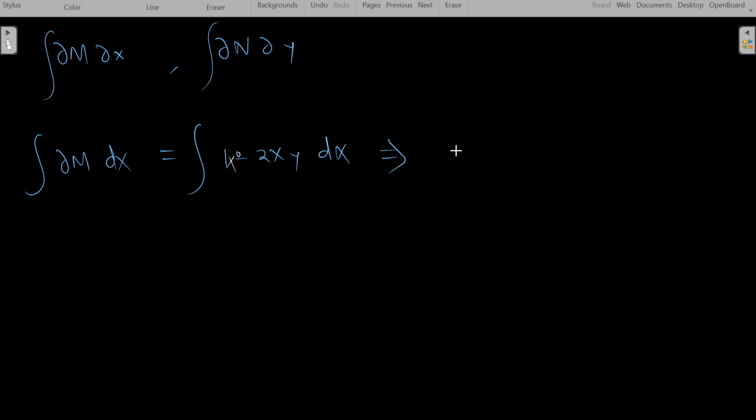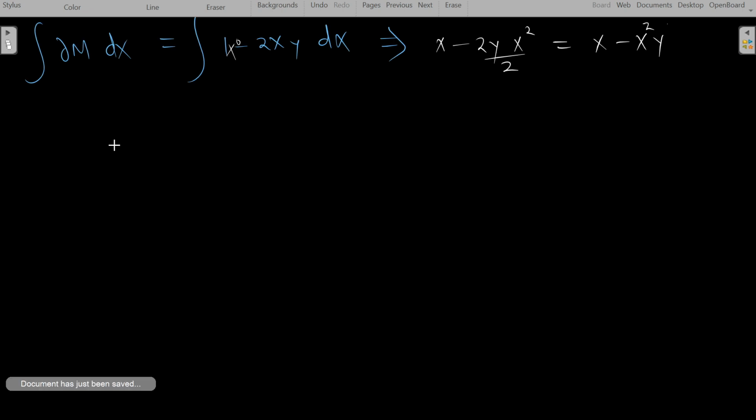If I integrate this, I should get x minus, taking 2y as a constant because we are not integrating with respect to that, then integrating x gives x squared divided by 2. If I simplify this, I should get x minus x squared y.